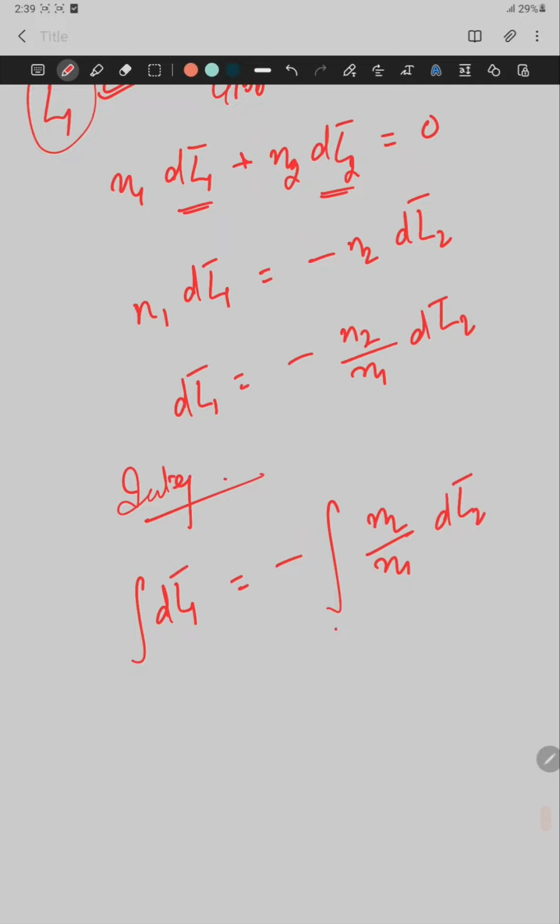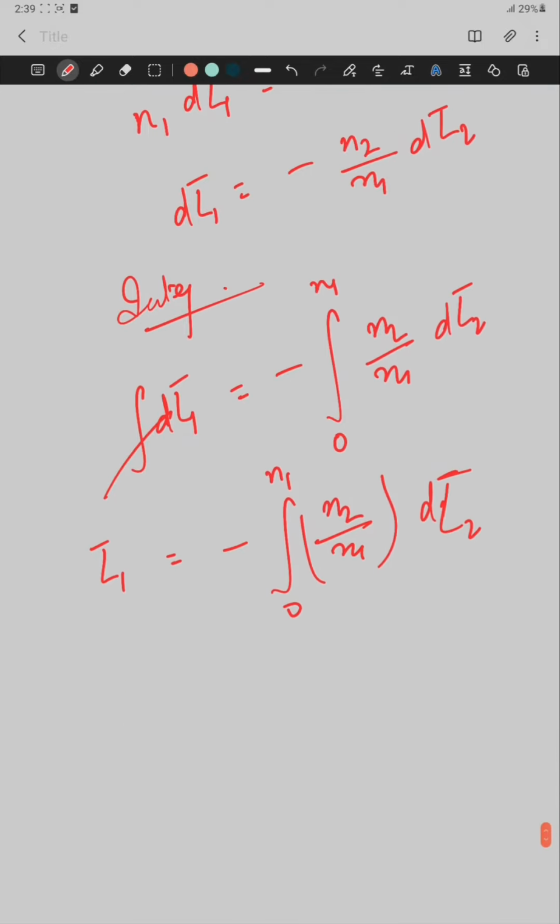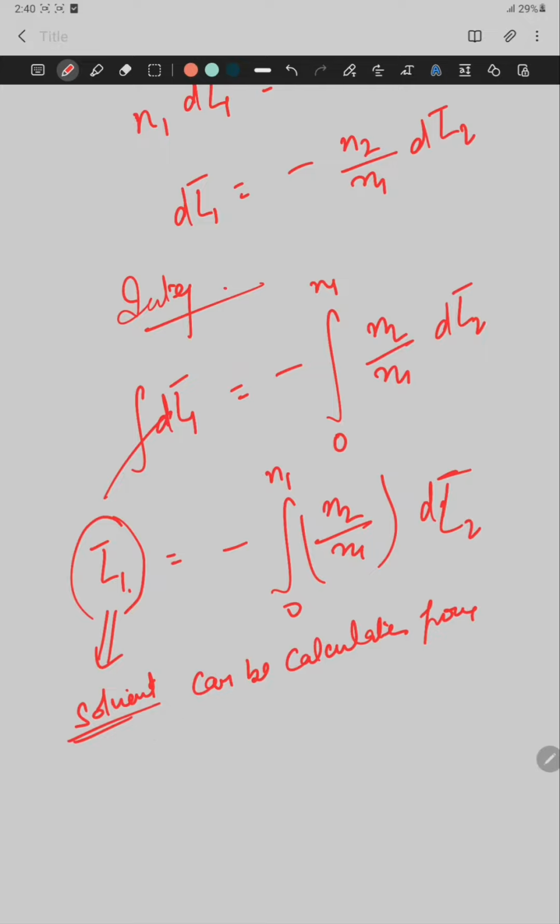Okay. Here the number of moles N1 varies from N1 0 to N1, and on the left side the differentiation cancels with the integration. L1 comes out to be minus the integral from 0 to N1 of N2 divided by N1 into dL2. So that means the relative partial molar heat content of the solvent can be calculated from the values of the solute.